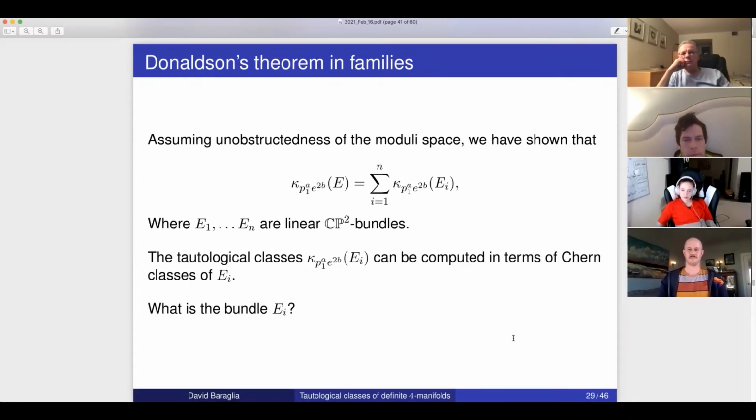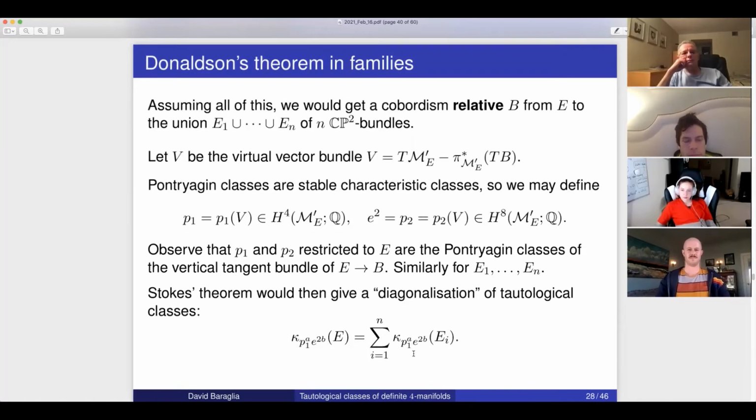So that's the idea. By the way, this explains why for odd powers of e, the formula is not just a sum: the Euler class is not stable, and so you can't take the Euler class of this difference bundle.